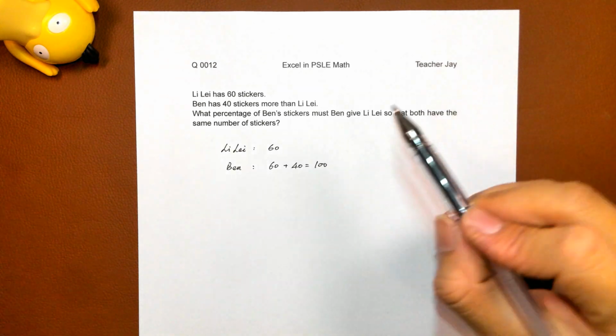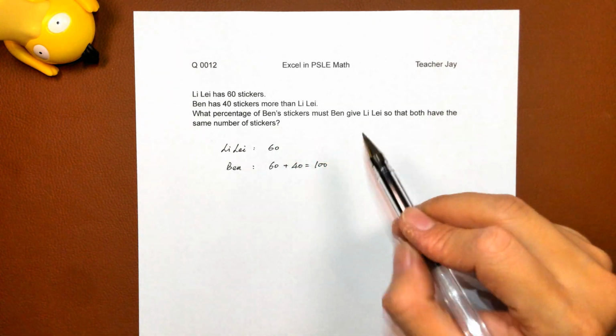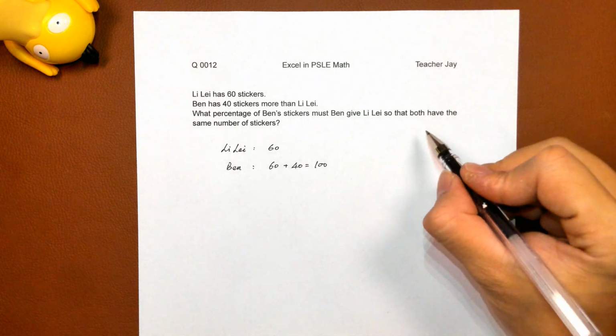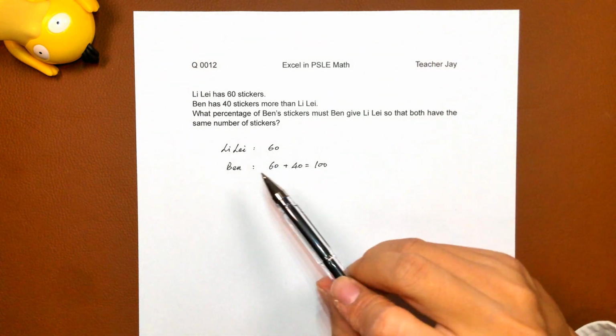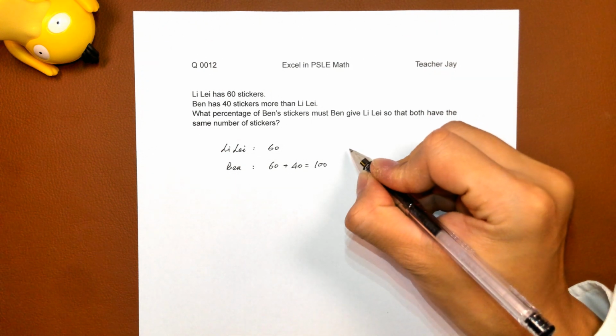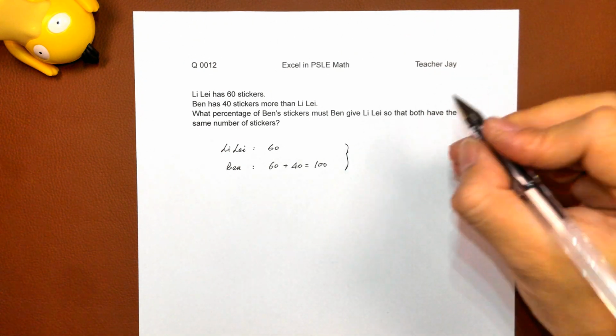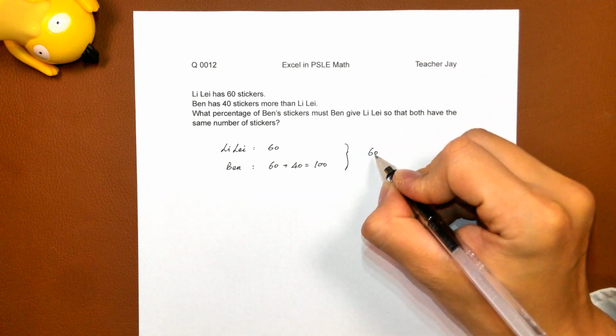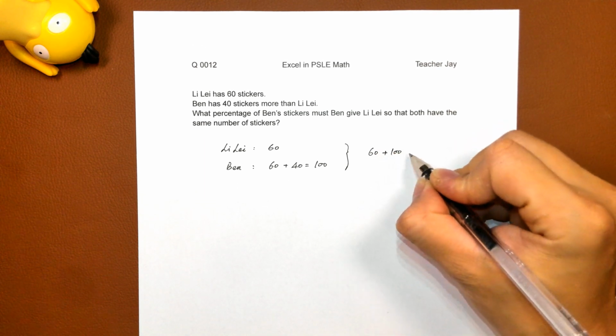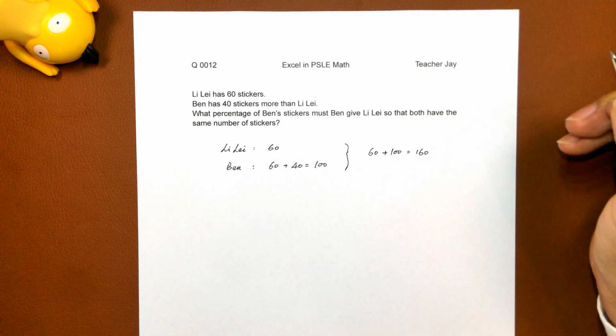What percentage of Ben's stickers must Ben give Li Lei so that both of them have the same number of stickers? First, we need to find out the total number of stickers. 60 plus 100, 160.